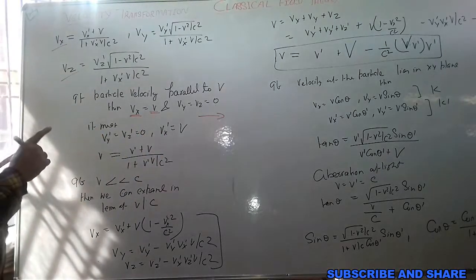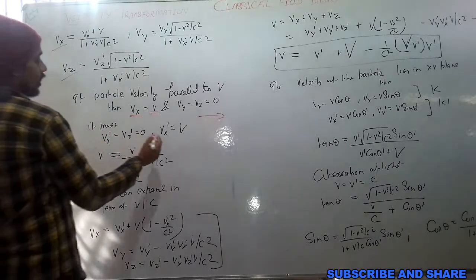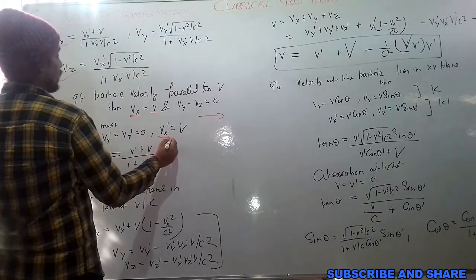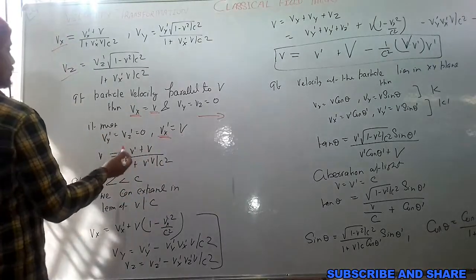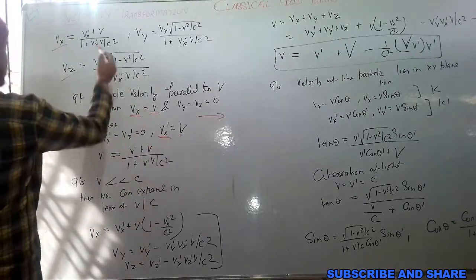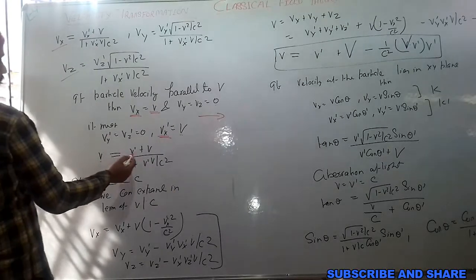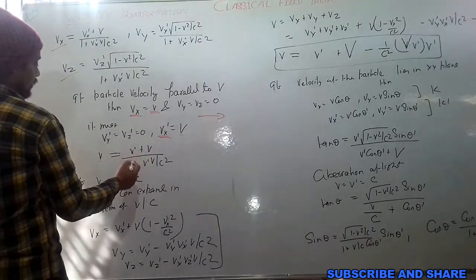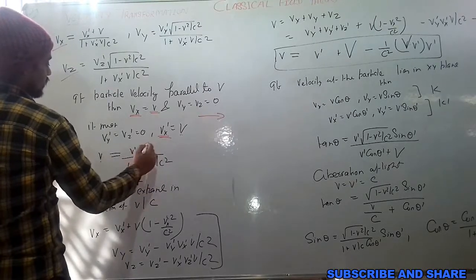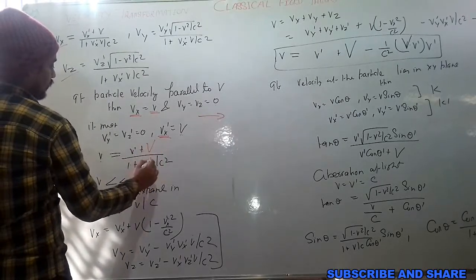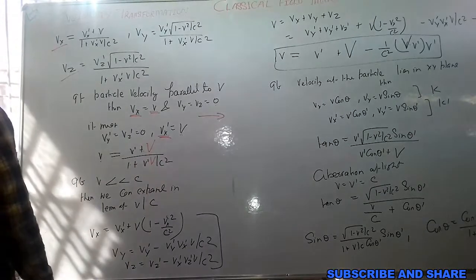And also for the K dash system too, so it is v dash. So when we substitute this in the equation, it will become v equal to v dash plus V divided by 1 plus v dash V by c square. Here big V is the velocity of the reference system.